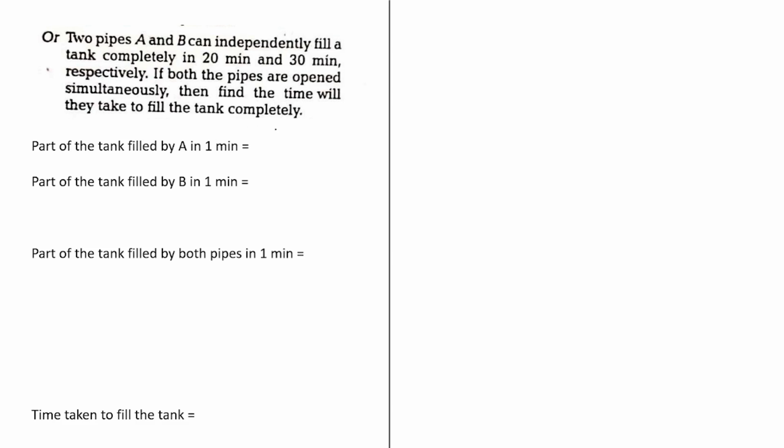So here the part of the tank filled by A in 1 minute is 1 by 20, and the part of the tank filled by B in 1 minute is 1 by 30. So the part of the tank filled by both the pipes in 1 minute will be 1 by 30 plus 1 by 20.